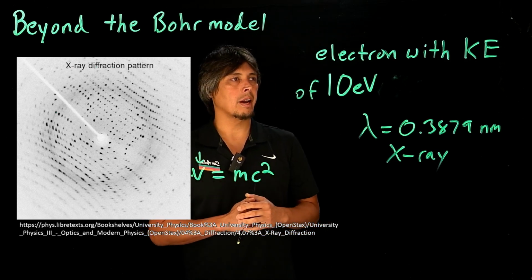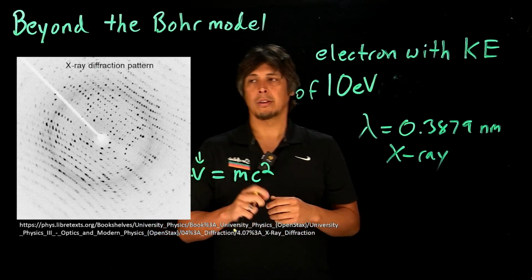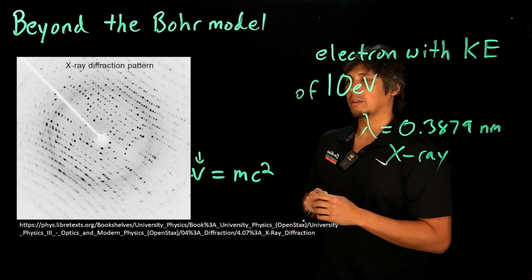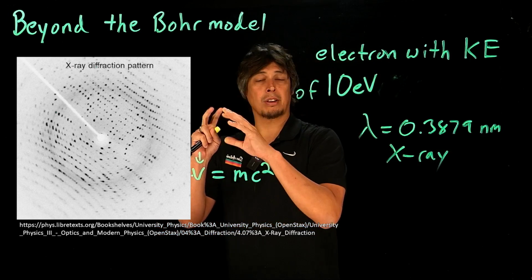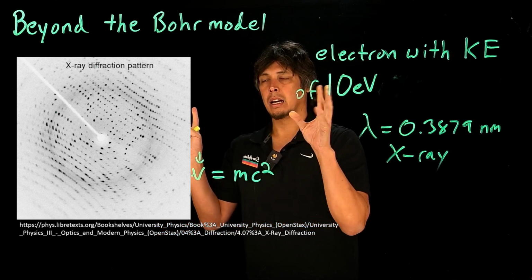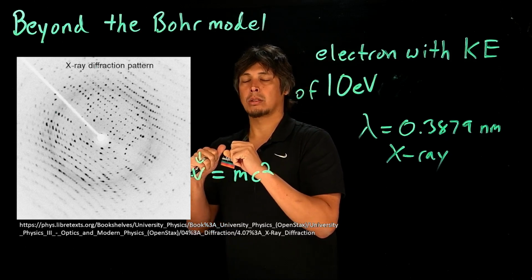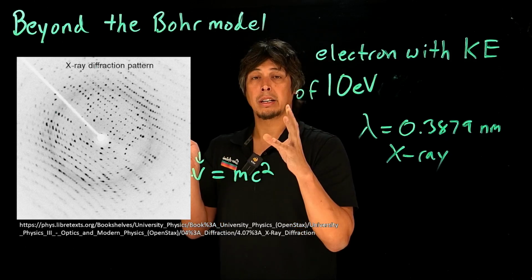And the data that we actually get from this is an X-ray diffraction pattern, such as the one seen on the board here. And again, what we're seeing are dark spots followed by very light areas where there is no indication that electrons are hitting anywhere.